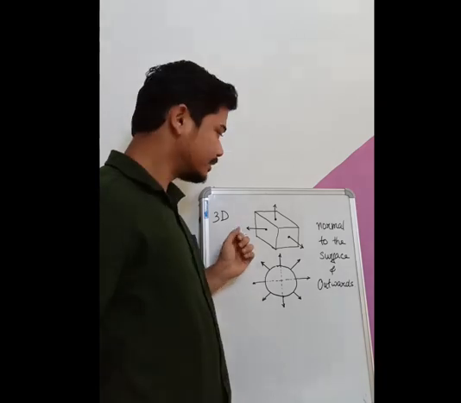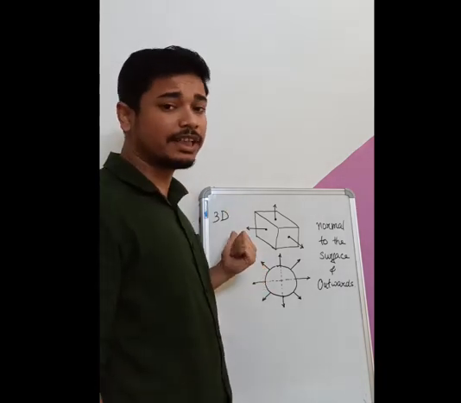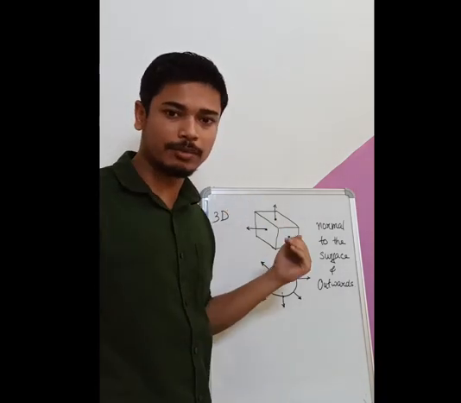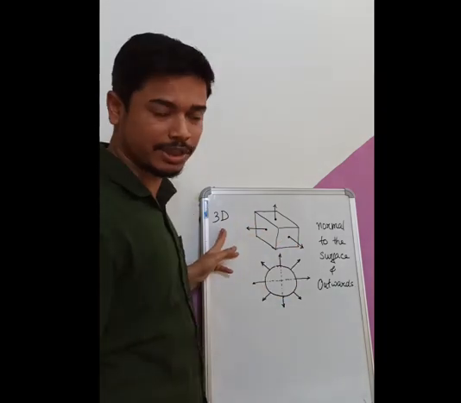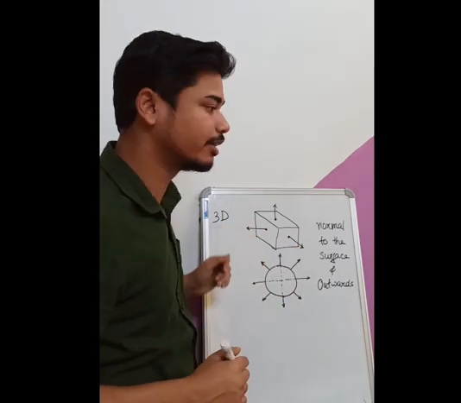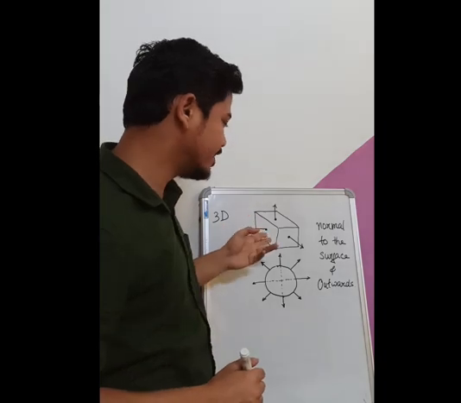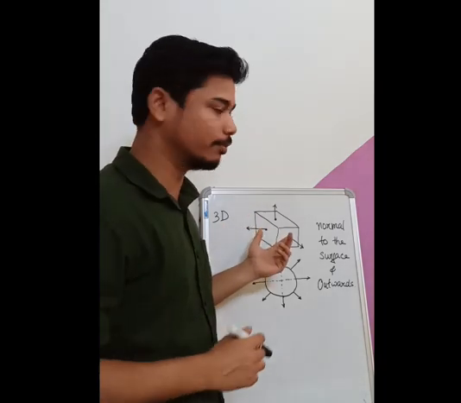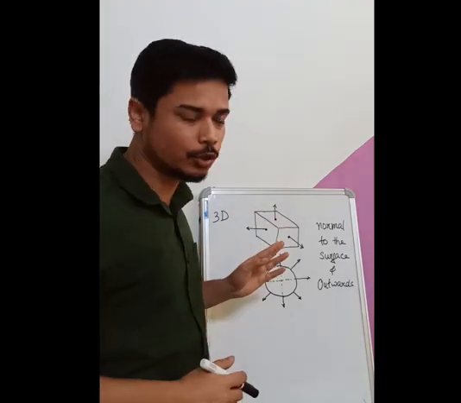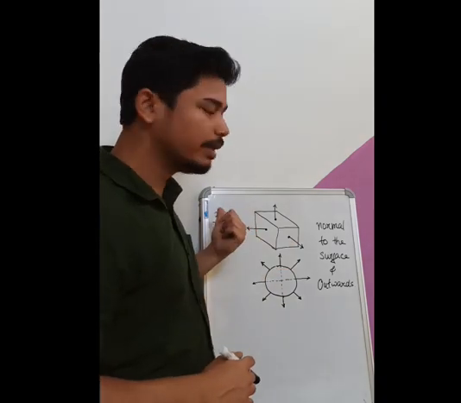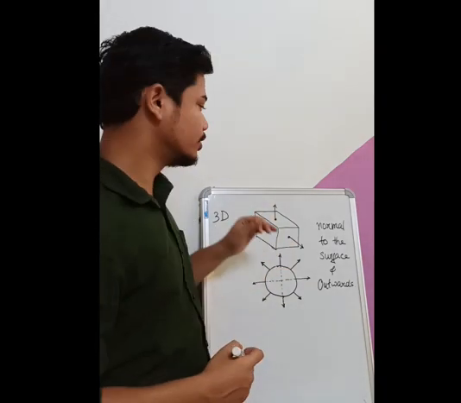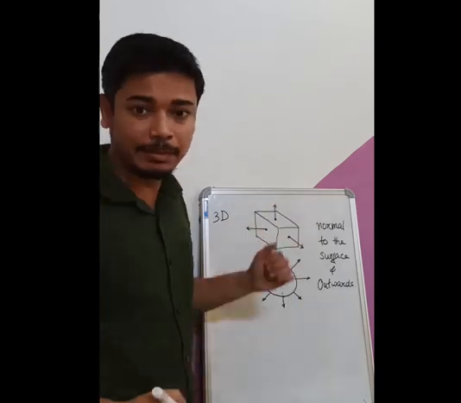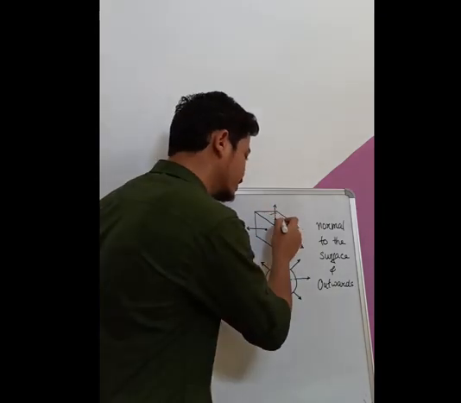Let us now check the direction of the area vector for three-dimensional objects. We have already done two-dimensional objects. So for three-dimensional objects, what would be the direction of the area vector? See, in this diagram, I have taken a three-dimensional volume. Okay, this is just a cube. So for this cube, what would be the direction of the area vectors? In order to determine the area vectors, we will have to first consider the surfaces.